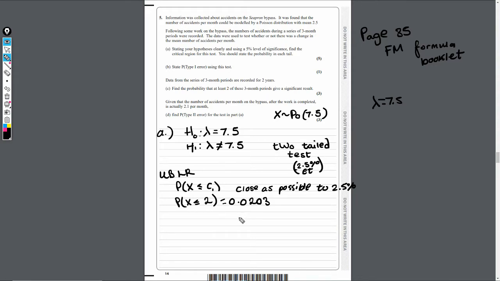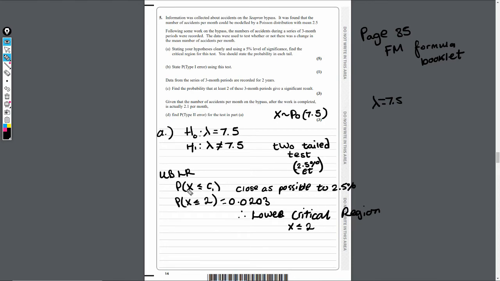So therefore, my lower critical region is X less than or equal to 2. Okay, so that's lower, believe it or not, lower critical region, and X must be less than or equal to 2.